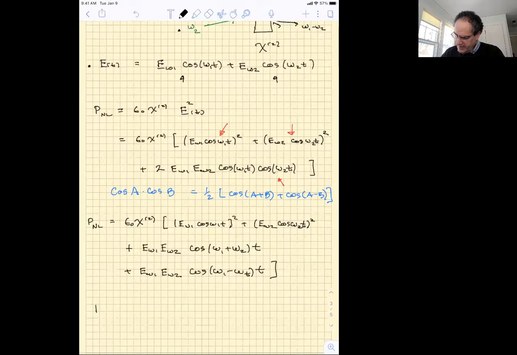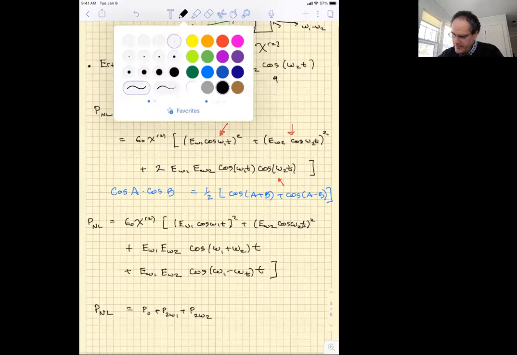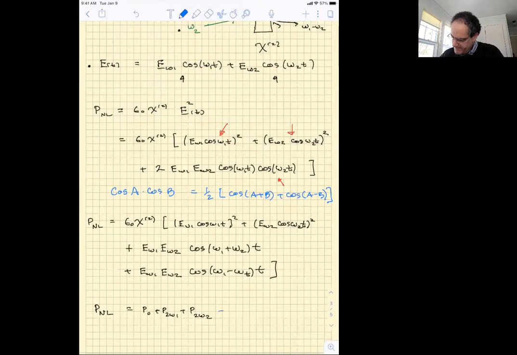So the nonlinear polarization contains a whole bunch of different terms. It contains a term at DC, a term at twice omega 1 and a term at twice omega 2. Those we all knew about. But then it contains these interesting terms: a term at the sum frequency and a term at the difference frequency.